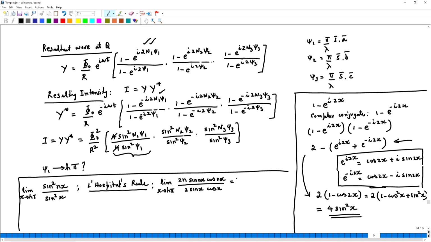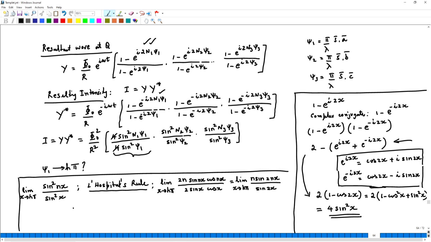This could be written as limit x tends to h pi n sin 2nx divided by sin 2x.